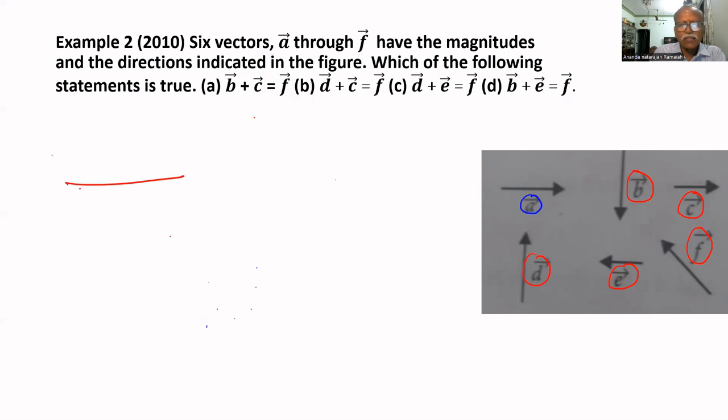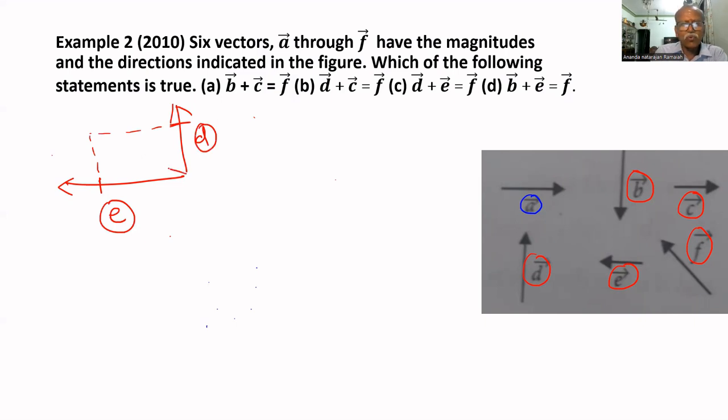One vector is going like this, another vector is going like this. Which two can be taken? D is like this, E is like this. The magnitude of E is this much, the magnitude of D is this much, so these two are independent. E and D are independent, 90 degrees.